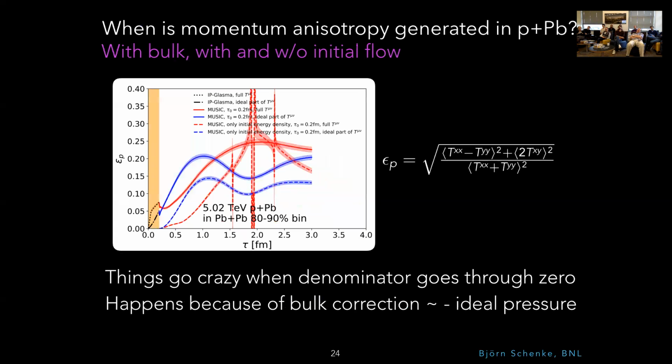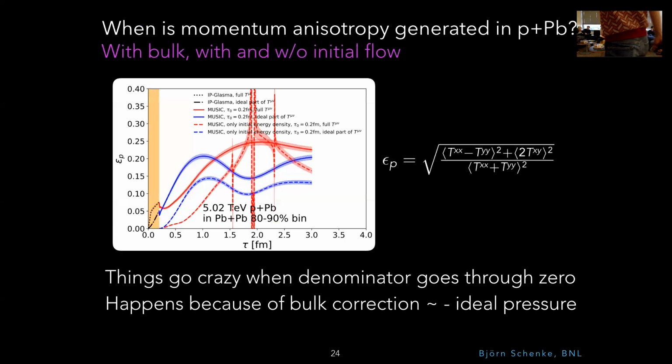If you do now the same thing with bulk viscosity, you see there is a problem somewhere, right? So you see these spikes. And I mentioned this before. What can happen here if the bulk correction is too large, right? You run through 0 in the denominator because you can have negative pressures popping up, right? And these spikes here happen essentially when there's a large part on the lattice where you run through 0, right?